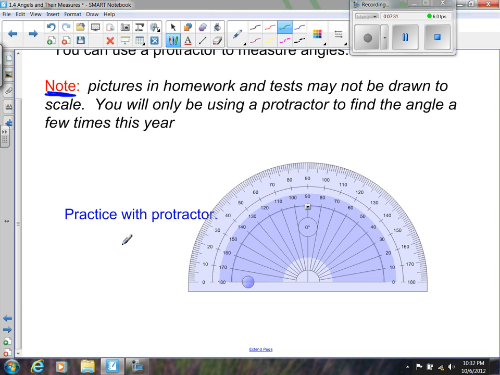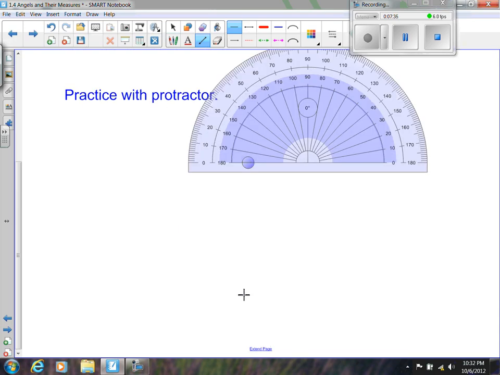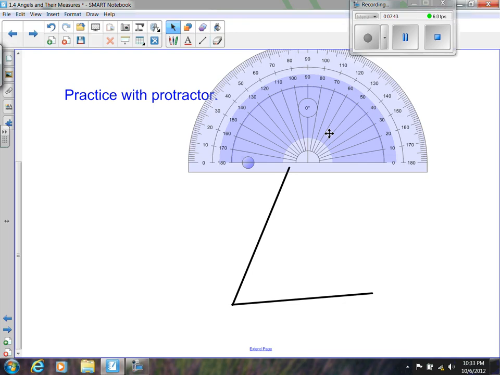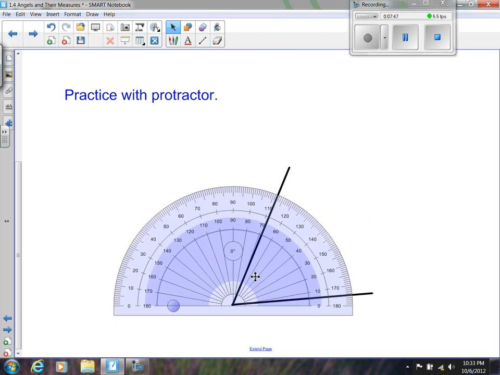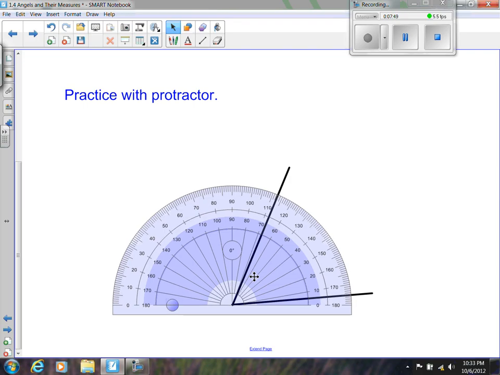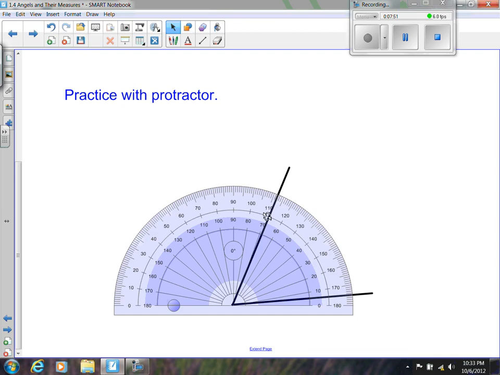So if I quickly make myself an angle, if I want to find the angle measure of this angle, I'm going to take my protractor, find the vertex with my crosshairs, get that in sight, and then I have to line up this side right here with one of the sides of my angle.